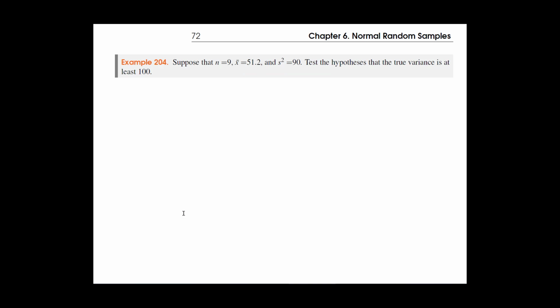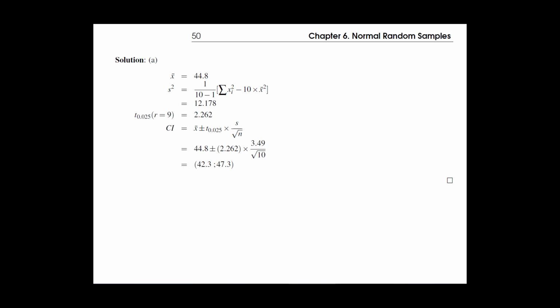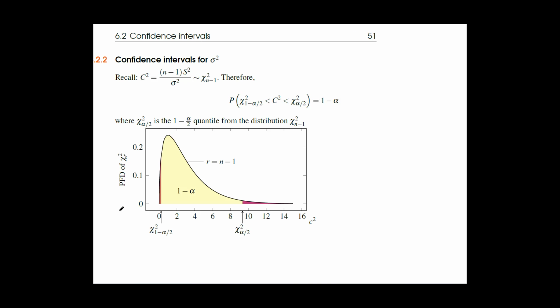All right, let me do this one, which is hypothesis testing about the variance, because all the other examples are about the mean. Now, for the variance it's the same idea, so it's really straightforward. Let me show you this figure. This is for the confidence interval for sigma squared, right?